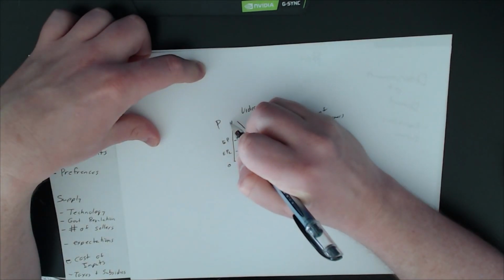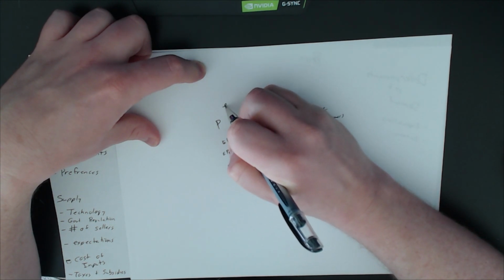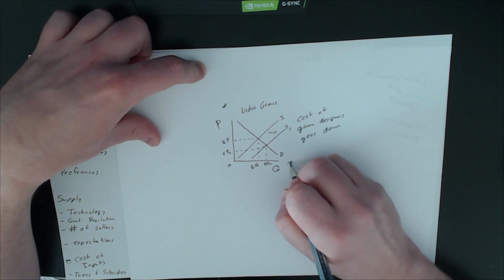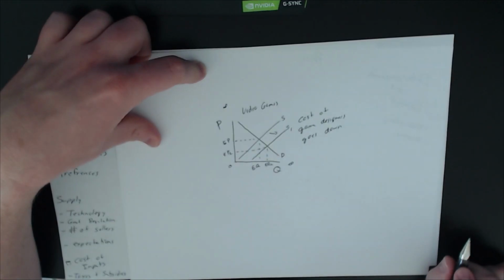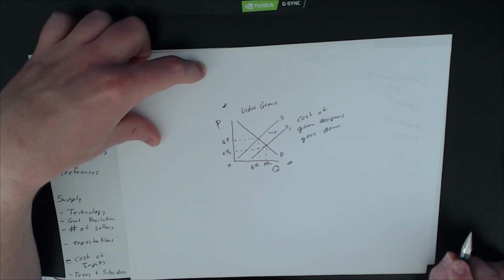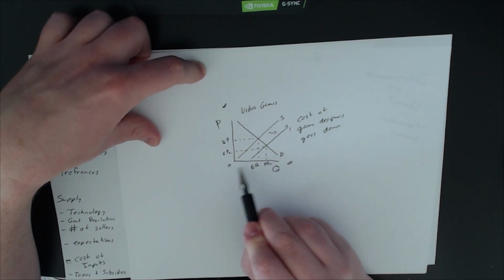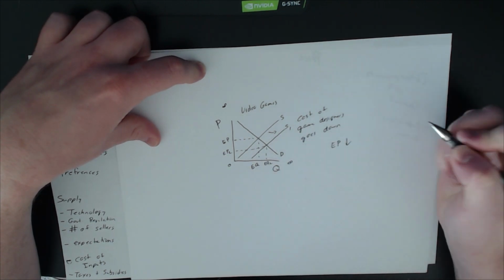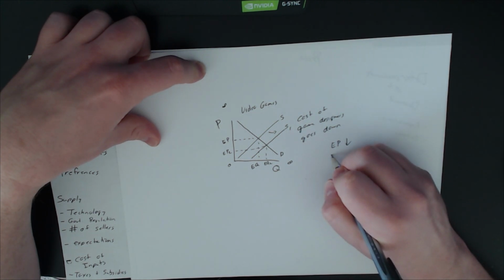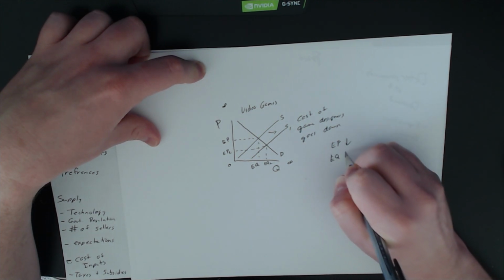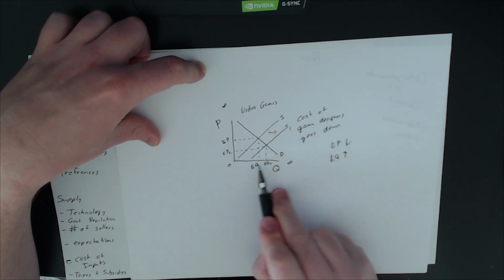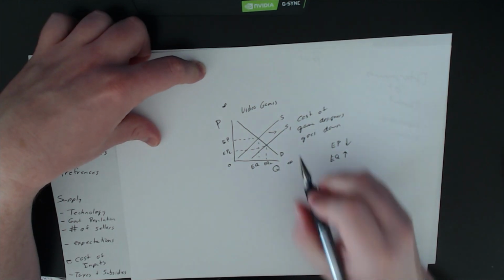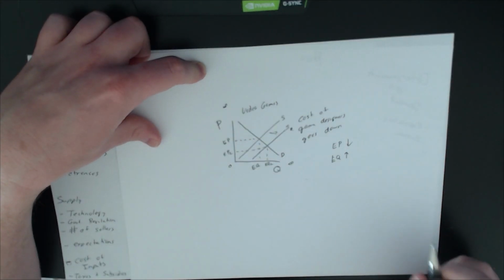And here at the top goes all the way to infinity. So my equilibrium price has now gone down, and my equilibrium quantity has gone up.